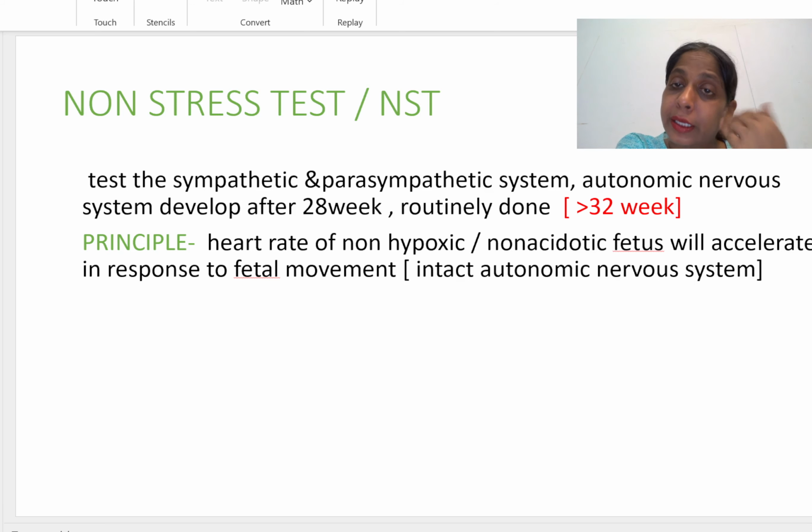And if there is an increase in the fetal heart rate, it means the NST is okay, and the autonomic nervous system, sympathetic and parasympathetic, are functioning very well. This test is done after 32 weeks because at that time the autonomic nervous system is fully functional. Okay, let's study the next slide.